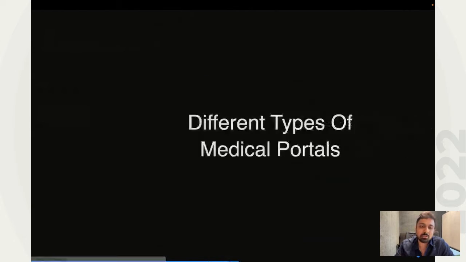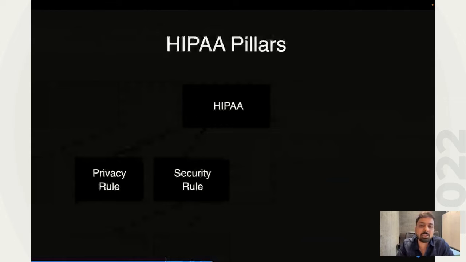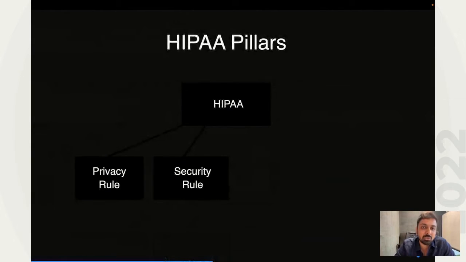Second is the security rule. No unauthorized user should be able to access your data. Only the authorized user should be able to do it, right? HIPAA compliance has put out some rules and regulations which every organization or web portal has to follow in terms of security checks if they want to be HIPAA compliant.